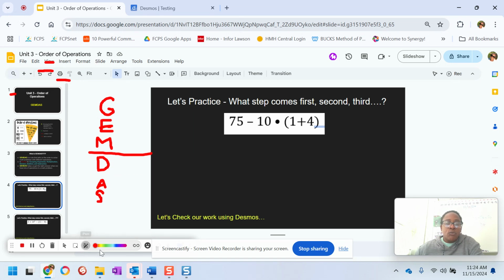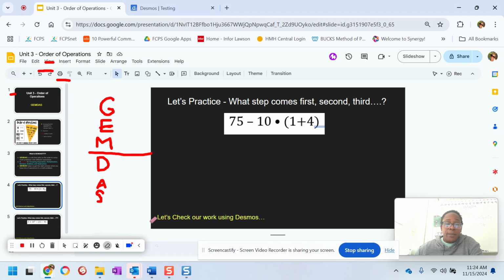As I'm working through problems, this helps me quite a bit. So my first step, where do we start? If you said parentheses, you're absolutely correct. We start inside of the parentheses first.